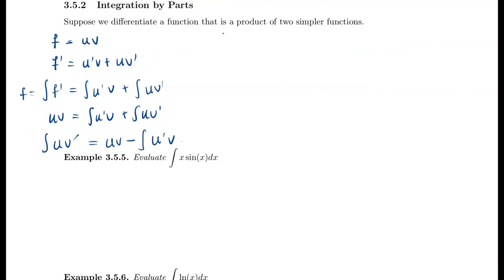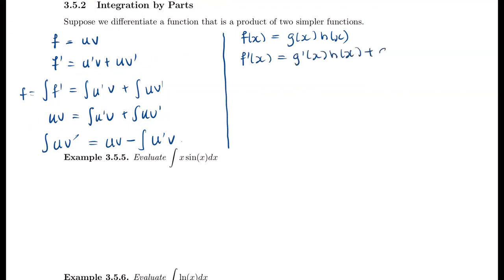Or alternatively, we could also see this as a function of x. Say f of x is equal to, for example, g of x times h of x. By the product rule, f prime of x is going to be g prime of x h of x plus g of x h prime of x.